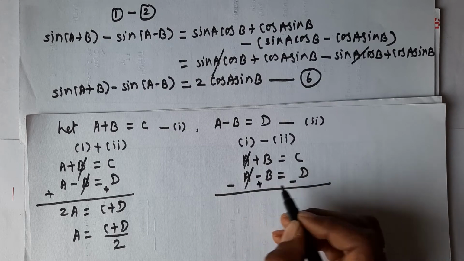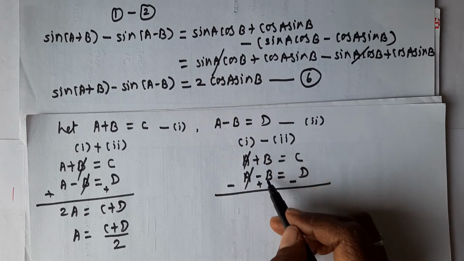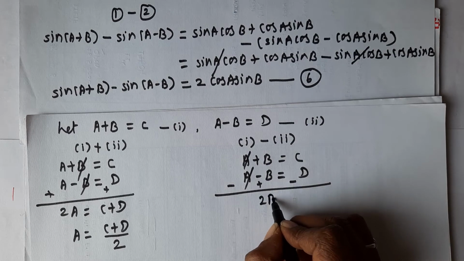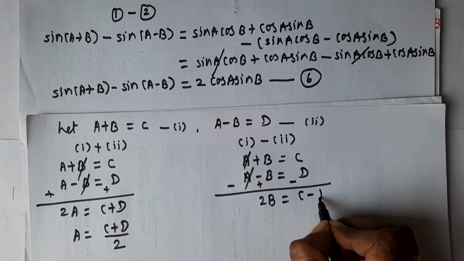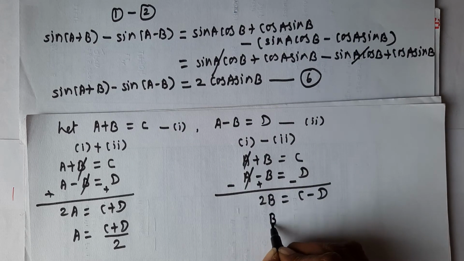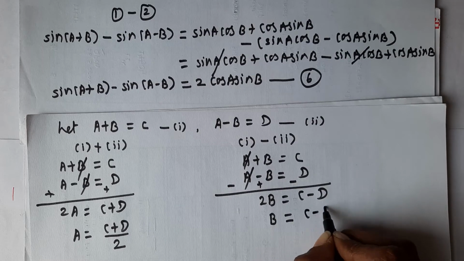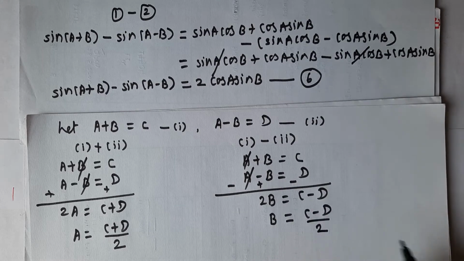This minus minus becomes plus here. B plus b, this becomes 2b, and this will be c minus d. And this way we have got the value of b, c minus d by 2. Okay. Now here we have got the value of a, c plus d by 2, and value of b, c minus d by 2. Now keep value of a and b in the equation 5 and 6.